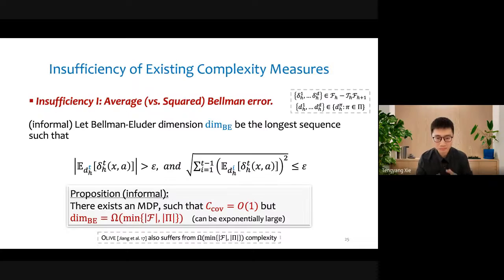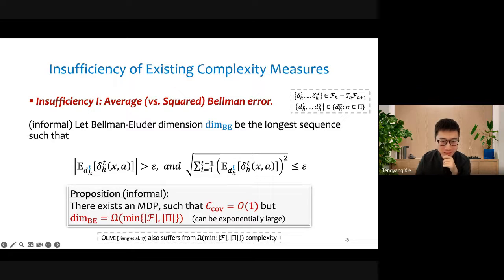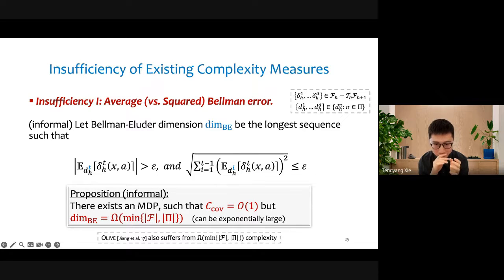Oh, go ahead. Well, not really, I was just trying to parse what's happening. So you have an MDP with small coverability, but very large Bellman-Eluder dimension. What does this tell you? I'll tell you that coverability and Bellman-Eluder are two orthogonal things.